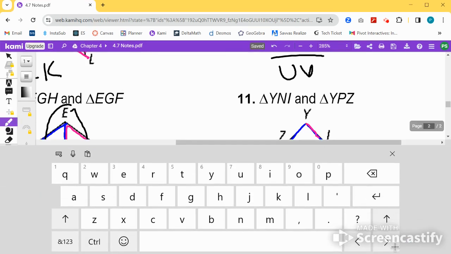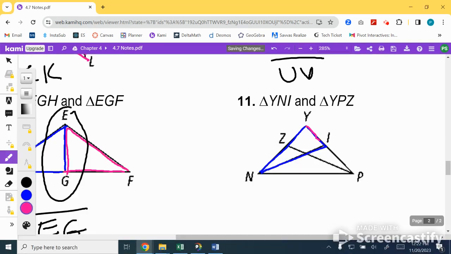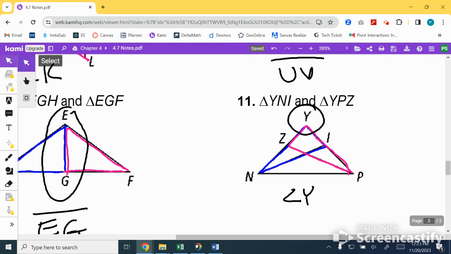So Y to P, P over to Z, and then back up to Y. I don't have a complete side in common between the two of them, but take a look up here at angle Y. That's your common angle for both of these.